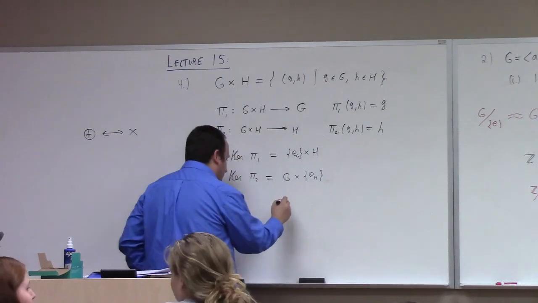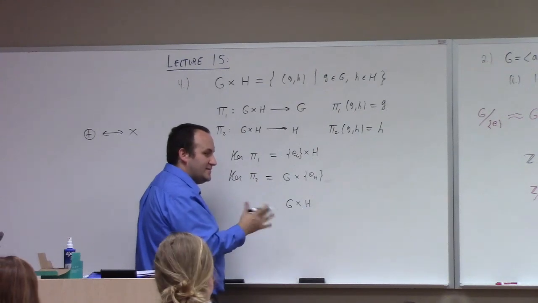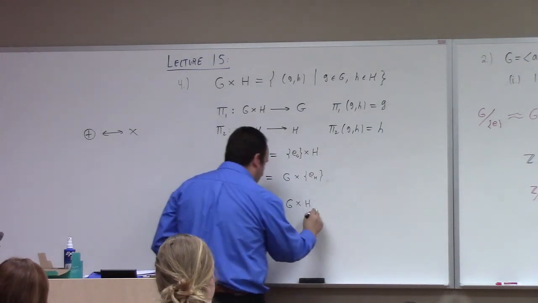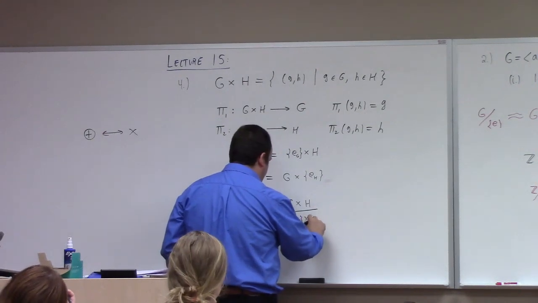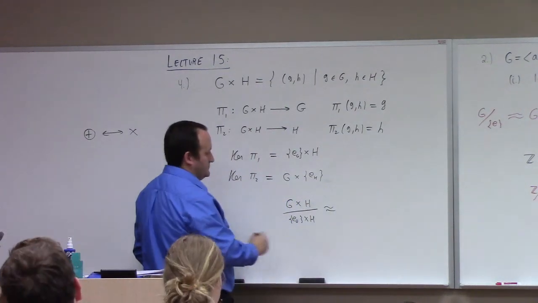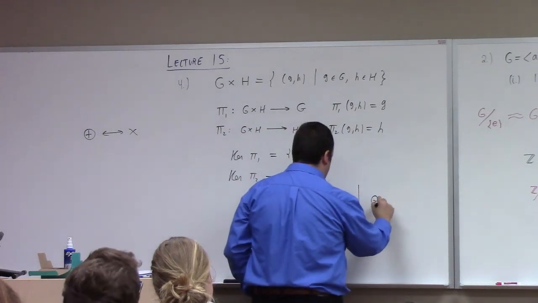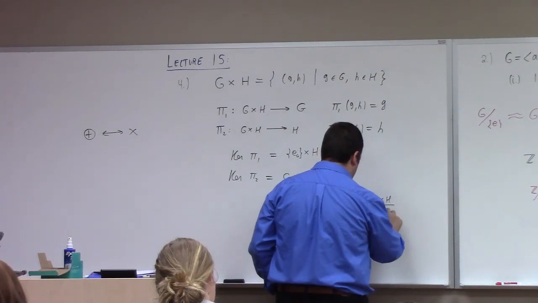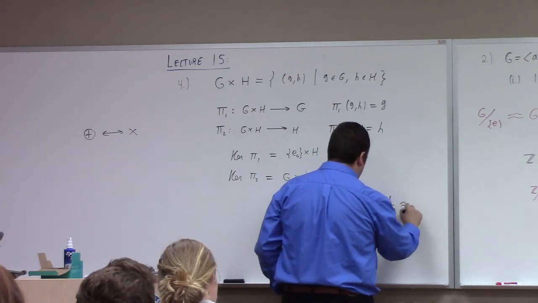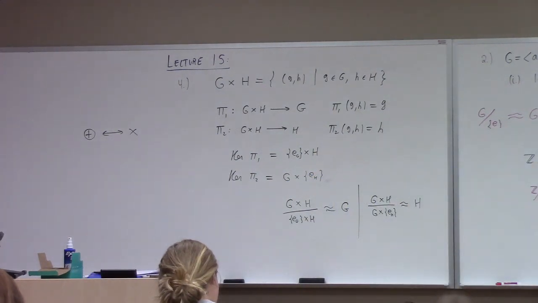So by the first isomorphism theorem, we have that the external direct product of G and H, quotiented by E sub G cross H, is isomorphic to G. And likewise, G cross H quotient by G cross the identity of H, is isomorphic to H. It's like the G's cancel and the H's cancel. Isn't that neat?